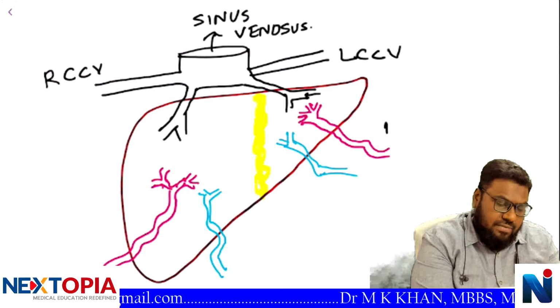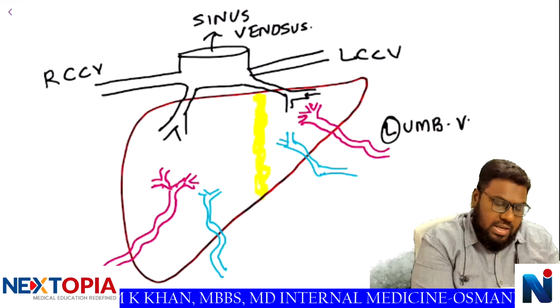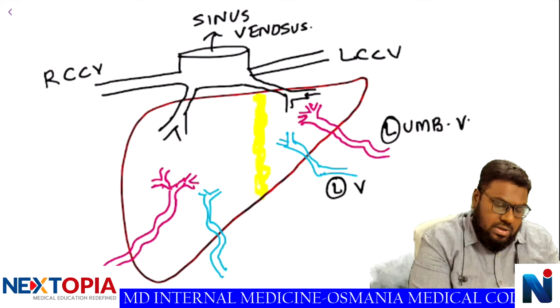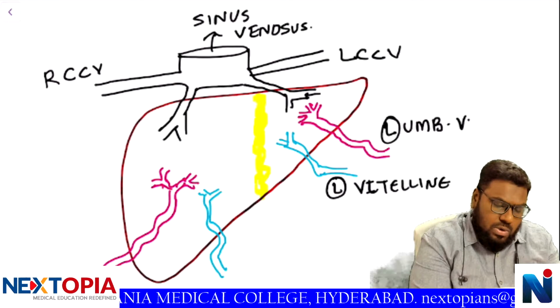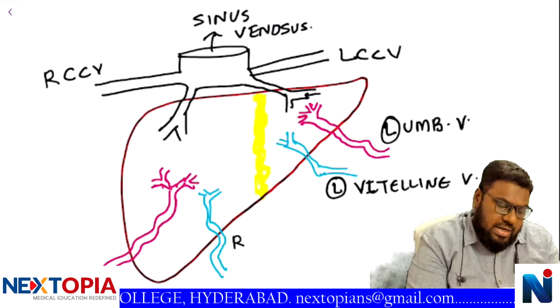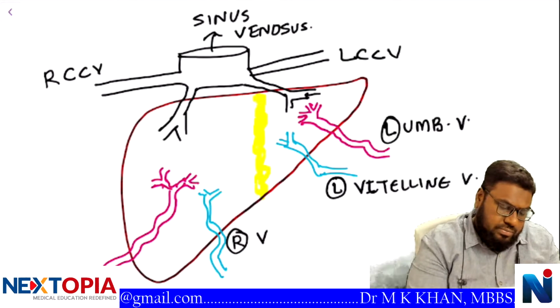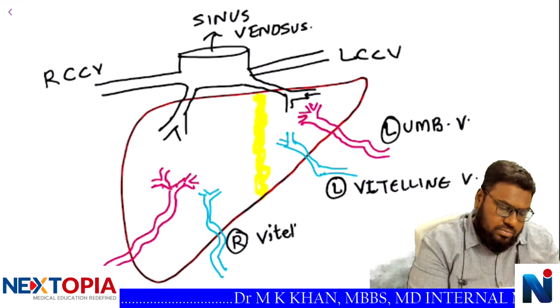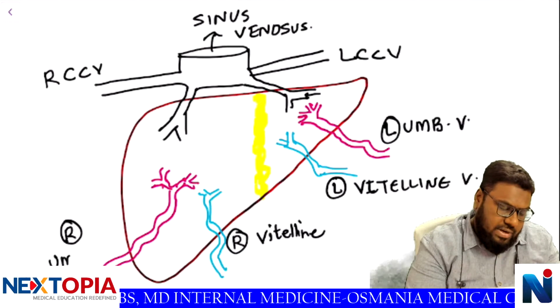I'll label it: left umbilical vein, left vitelline vein, this is the right vitelline vein, and this is the right umbilical vein.